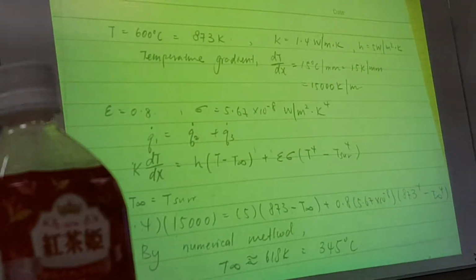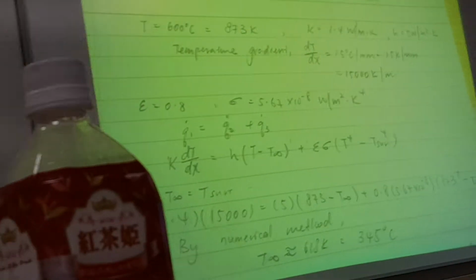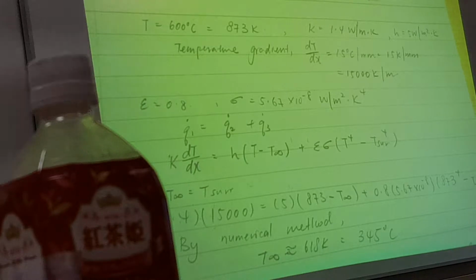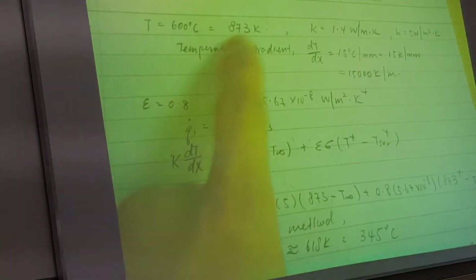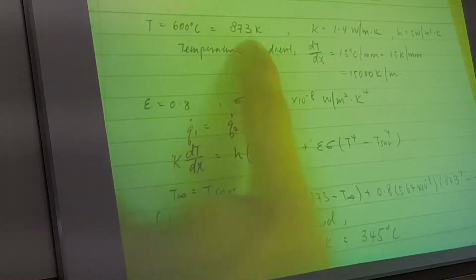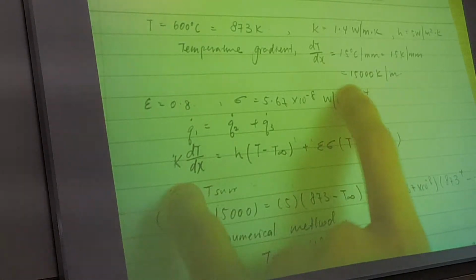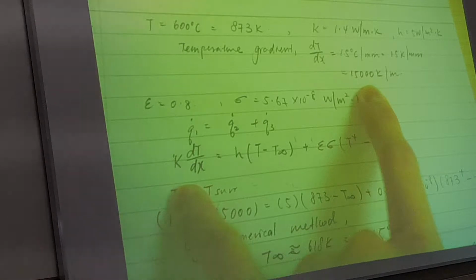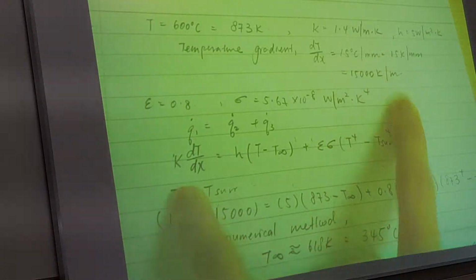So we have the glass at 600 degrees Celsius. The first thing I did is to change all my units into SI units. So I have the temperature in Kelvin and also the temperature gradient in Kelvin per meter.